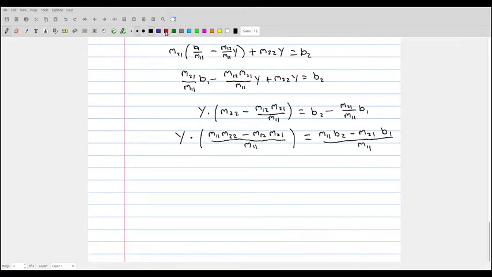The first thing that you want to notice is that I can multiply both sides of this equation by m11 to cancel out m11, and we are left with, when I solve for y, that y is equal to m11 times b2 minus m21 times b1, divided by this interesting expression right here, m11 times m22 minus m12 times m21.